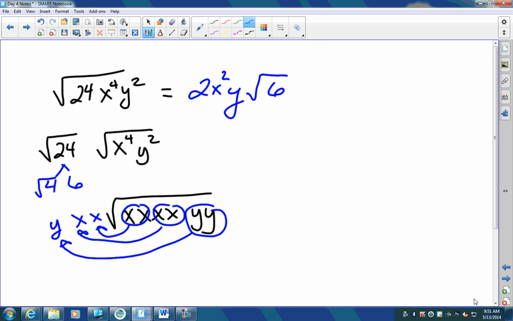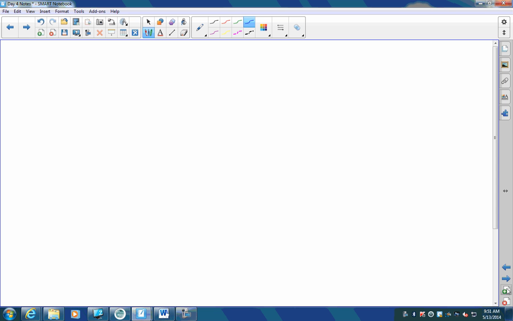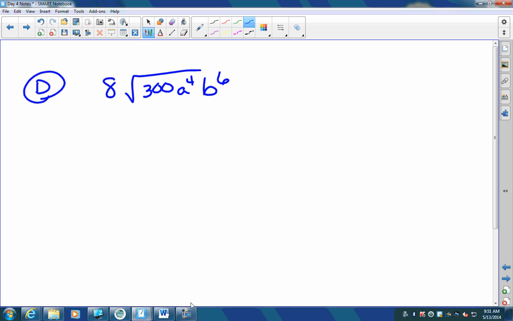Those of you with the puzzle in front of you, look at the problem on the far right, down at the bottom, labeled D. We're going to have 8 square root of 300 a to the 4th b to the 6th.